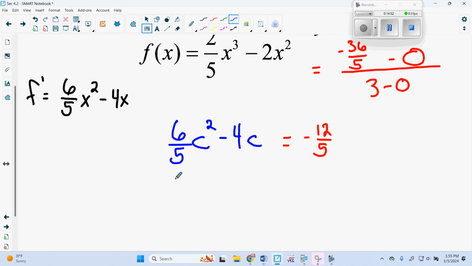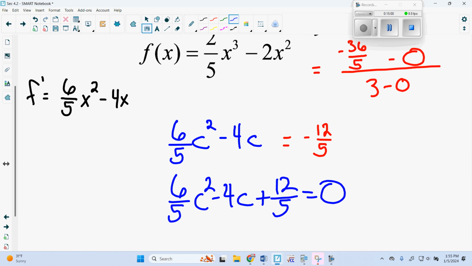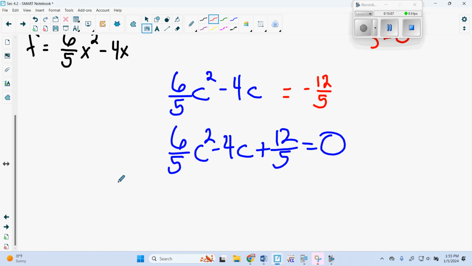So this is just a quadratic. So we'll set this equal to 0.